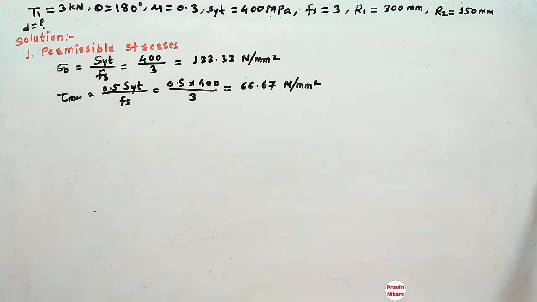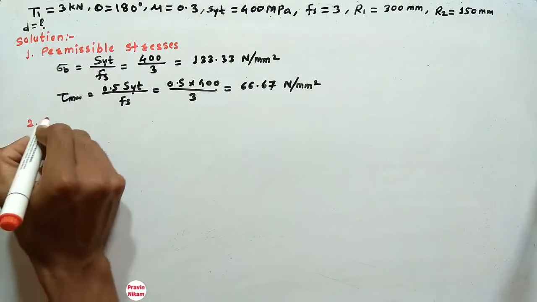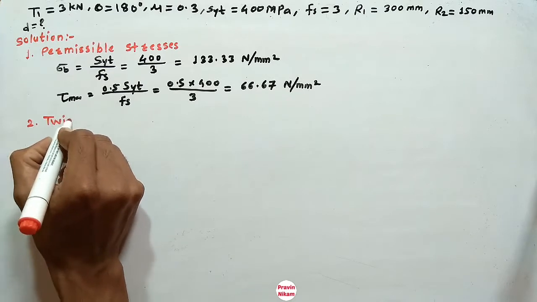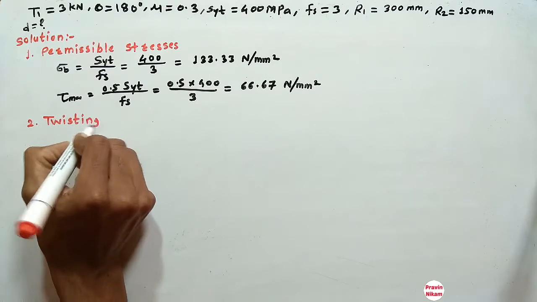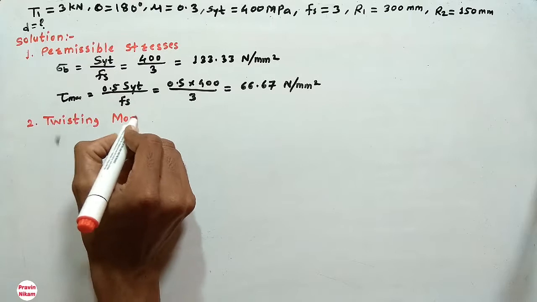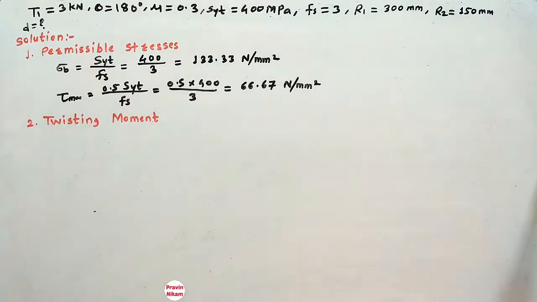Now the second step is to find the torsional or twisting moment. How do we find the twisting moment in case of belt drive?